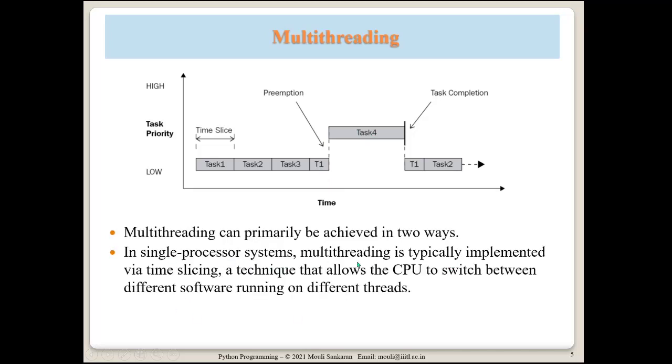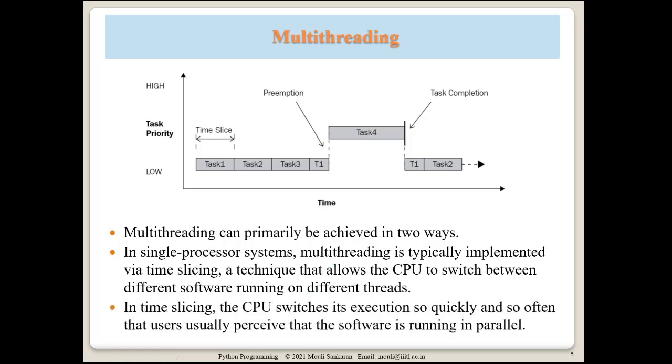In a single processor system, multi-threading is typically implemented via time slicing, a technique that allows a CPU to switch between different software running on different threads. In time slicing, the CPU switches its execution so quickly and so often that users usually perceive that the software is running in parallel.